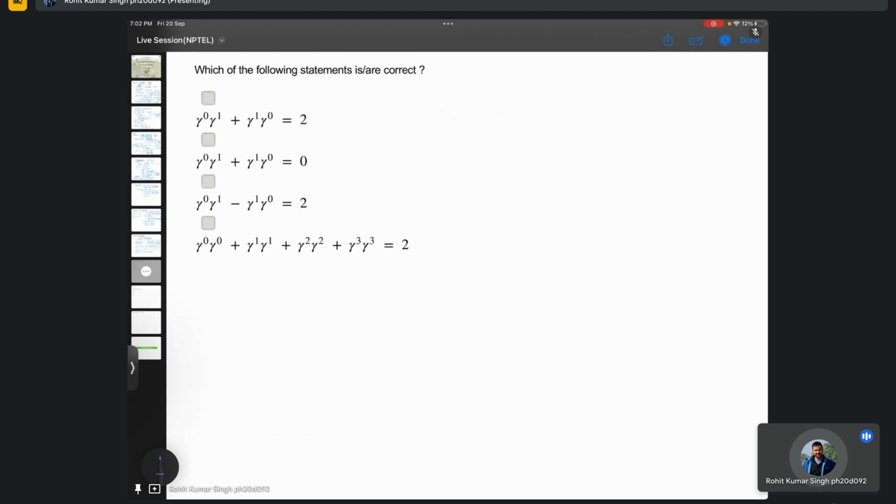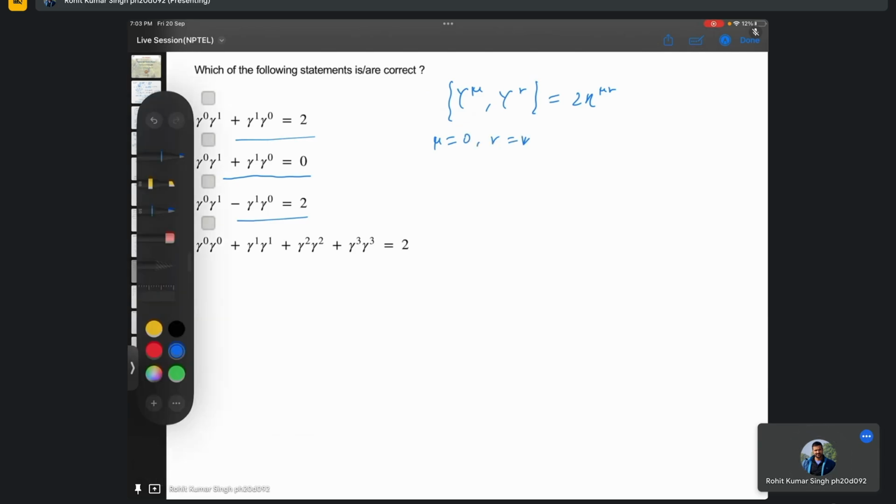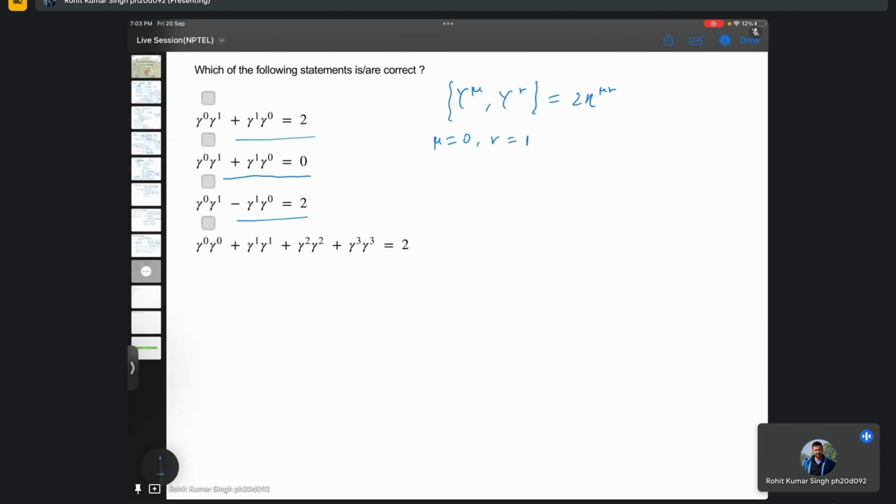Okay, so yeah, did anyone solve it? I think I already did this a while ago, right? So we have the Clifford algebra, right? So just put mu is equal to 1 and nu is equal to 0, sorry, nu is equal to 1.